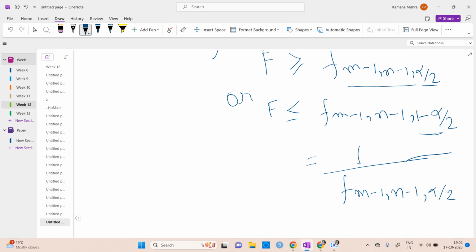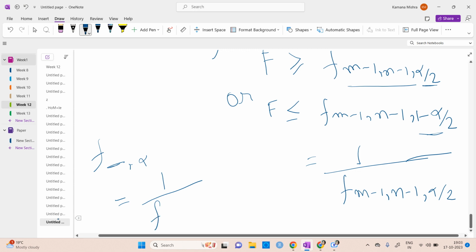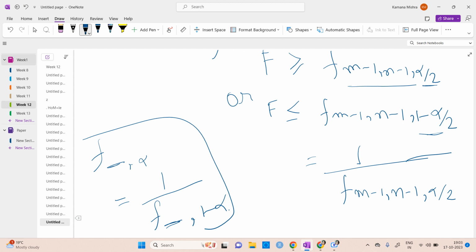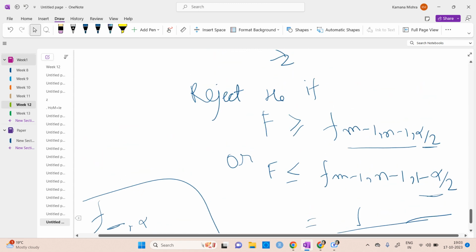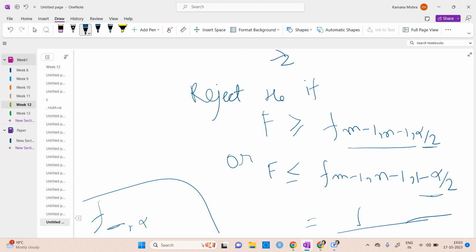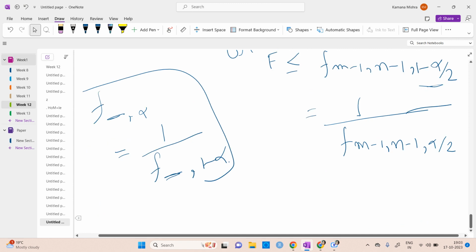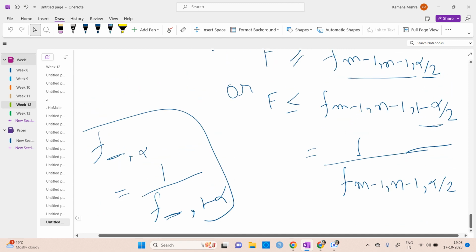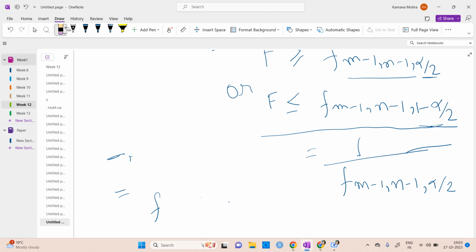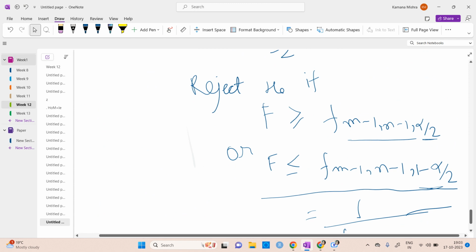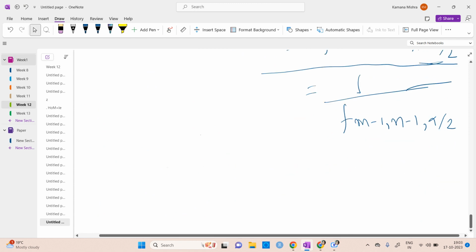So F at any degree of freedom alpha equals 1 upon F at the same degree of freedom with 1 minus alpha. This is the rule. So F would be rejected when it is less than F(m minus 1, n minus 1; 1 minus alpha by 2), right? This would be its rejection region.